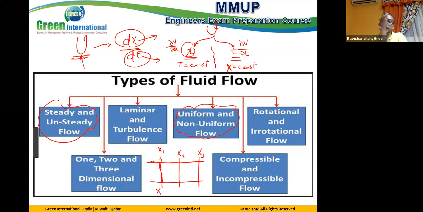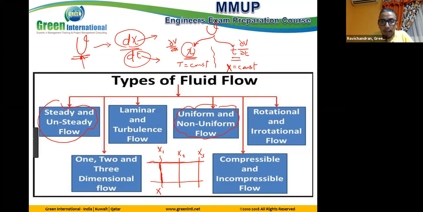If the velocity at these different positions does not change, then this is uniform flow. If the velocity profile changes with the different positions, different locations, then this is non-uniform.